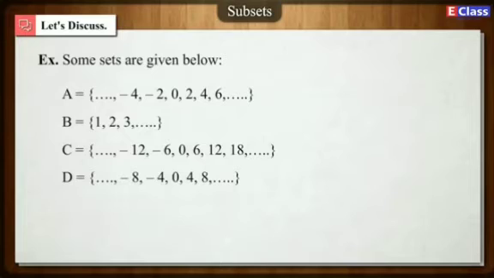I = {all numbers before -3, -3, -2, -1, 0, 1, 2, 3, 4, and so on}.